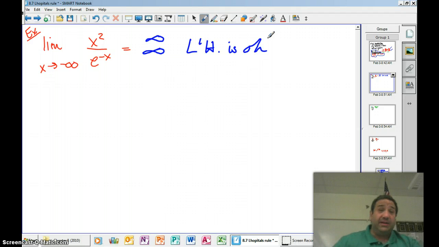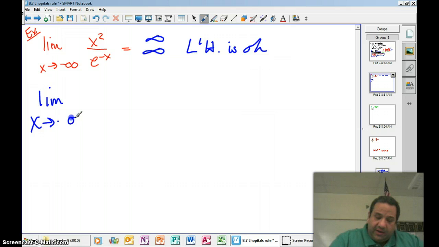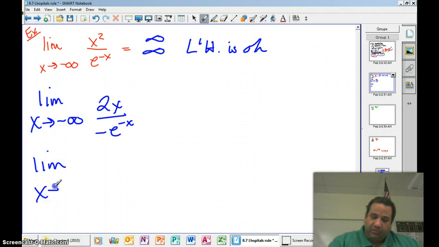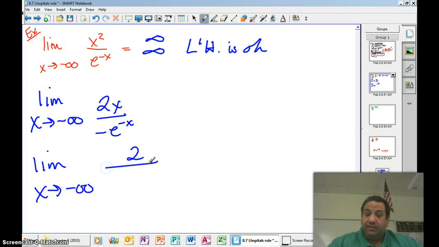So we brought back limits a little bit. All I do is take the derivative of the top, with x going to negative infinity. The derivative of the top is 2x. Then the derivative of the bottom, remember, we learned that little trick. That is still an indeterminate form, so I'll keep going. I'll take the limit as x approaches negative infinity, and take the derivative of the top and the derivative of the bottom.